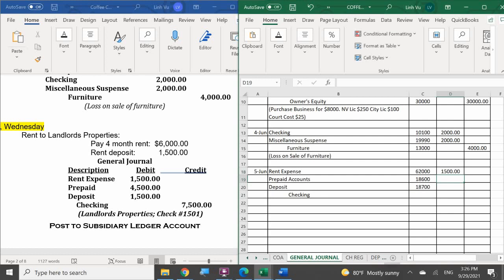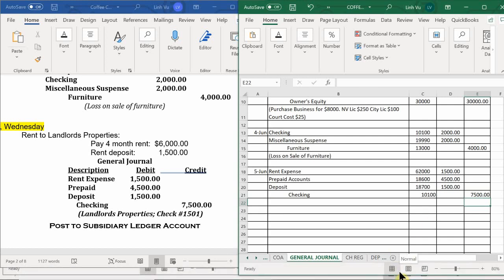How much did we prepay for? 4,500. Good. The deposit was 1,500 for the deposit, good. And how much did I write my check out for? 6,000 for the rent, I think so. 7,500. 7,500 goes to Landlord Properties.